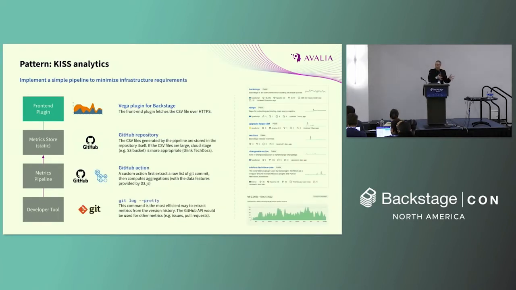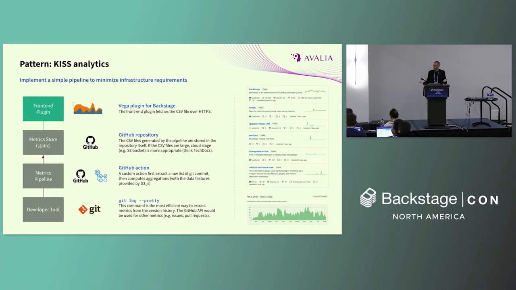The pattern that I'm going to use for the demo to end up with the visualization is much simpler. It's the KISS analytics, where the data source being Git, so I'm not even going to run queries against an API. I'm going to run the git log command to obtain the raw data from my source code history.